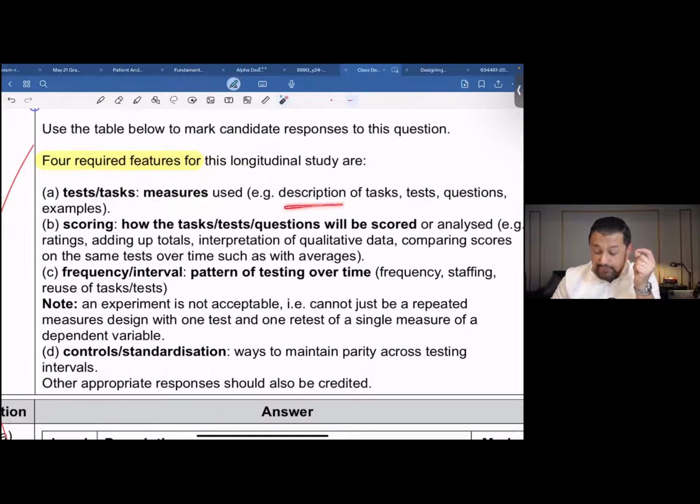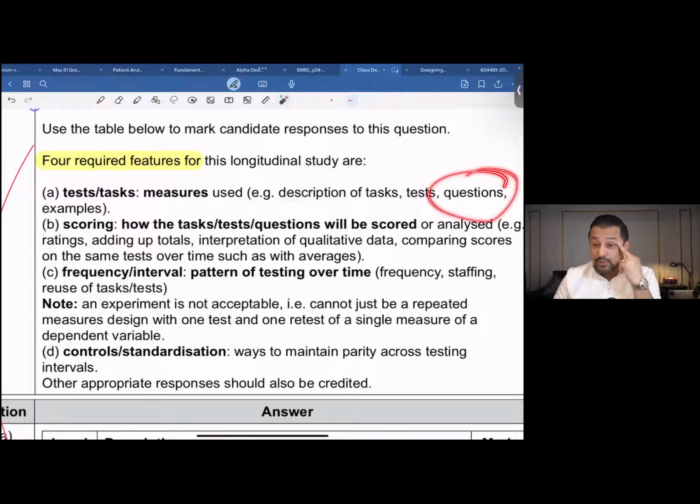The description of tasks, whatever the task is that you have in your mind, describe it with detail. Remember the table that I showed you beneath, it had the word explicit, it had the word detail. Description of tasks in an explicit and a detailed manner is essential. Could be any task, any test, any sort of questions that are being used as well.